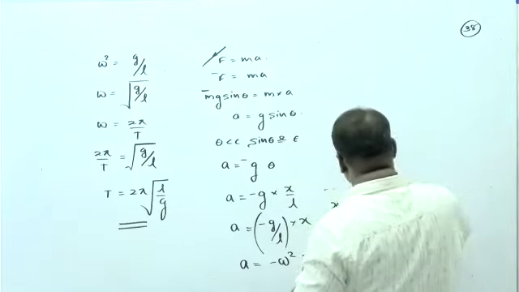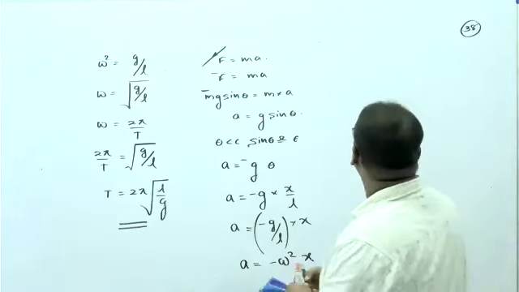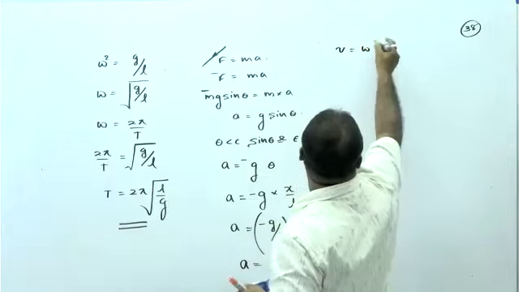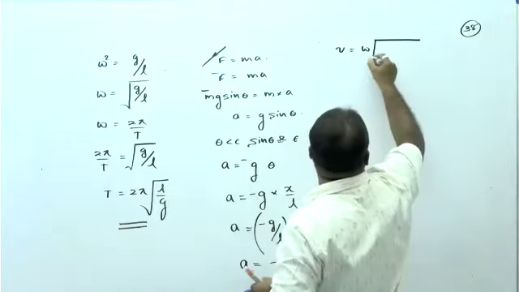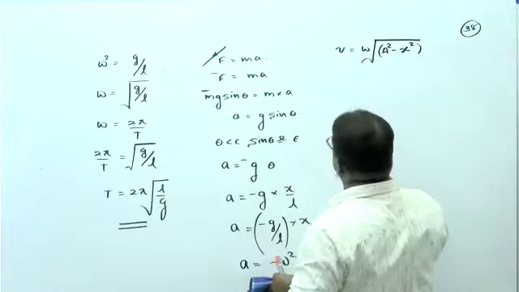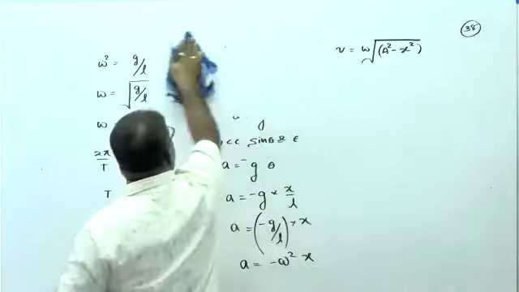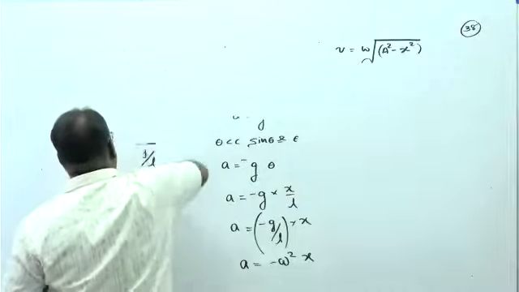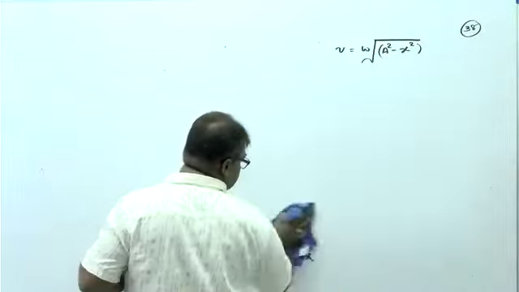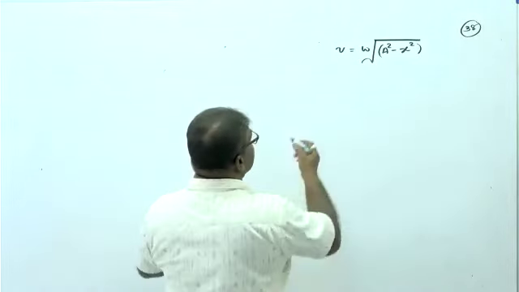For a simple harmonic motion, we have to derive the velocity at a point, v = ω√(a² − x²). Let's start now. We draw the straight line path of the simple harmonic motion of the object.